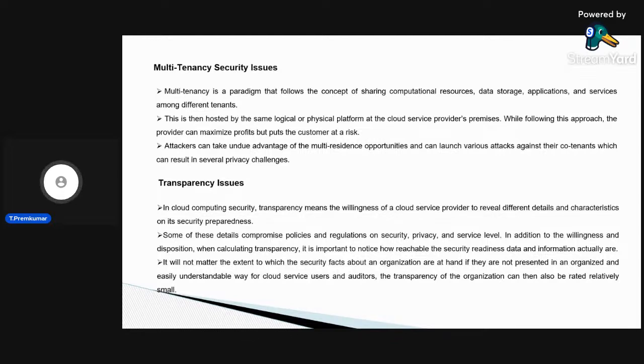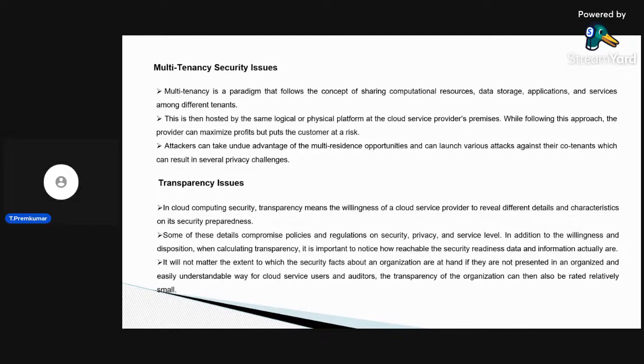While following this approach, the providers can maximize profits but put the customers at risk. Attackers can take undue advantage of the multi-tenancy opportunities and can launch various attacks against their co-tenants, which can result in several privacy challenges.